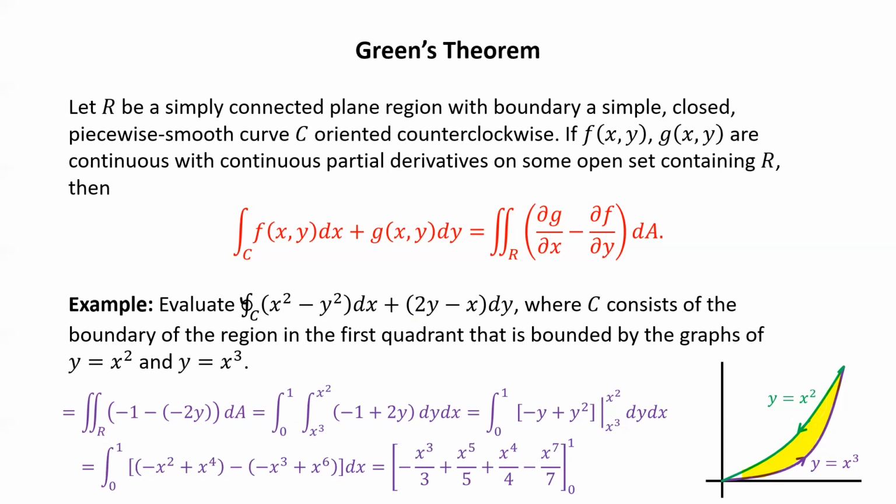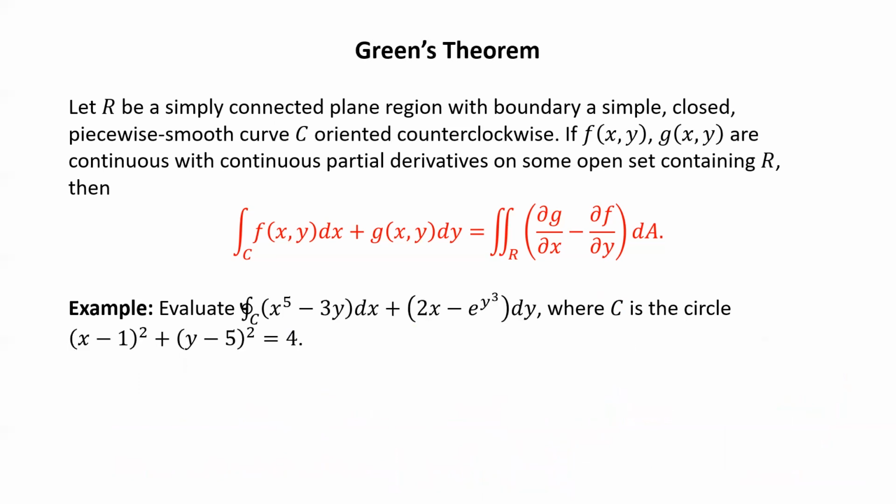We get -x cubed over 3 plus x to the 5th over 5 plus x to the 4th over 4 minus x to the 7th over 7. Notice I distributed that minus sign in the middle through, and that's going from 0 to 1. So plugging in the 1, we get -1/3 plus 1/5 plus 1/4 minus 1/7, which simplifies to -11 over 420. Plugging in the 0 just gives 0, so we don't have to worry about that.